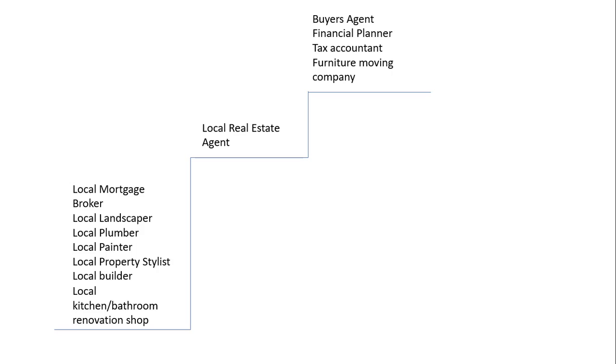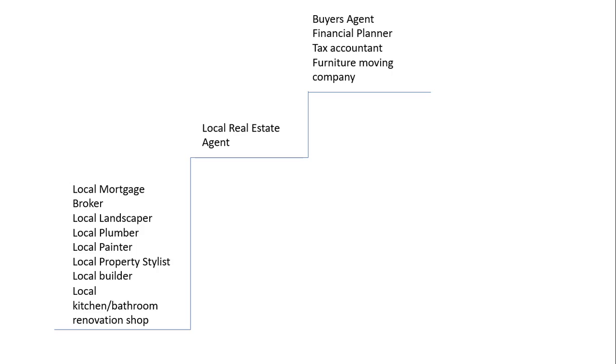By the way, there are more you can do. This is just some of the examples. You can add more, like a local conveyancer, a local tax accountant, and many more, as many as you can.